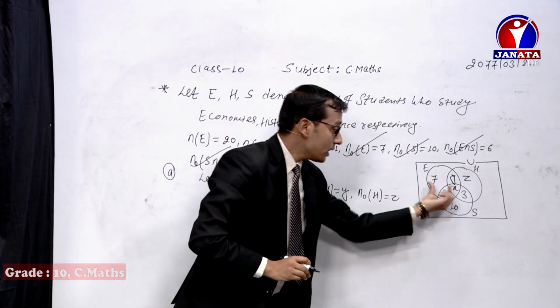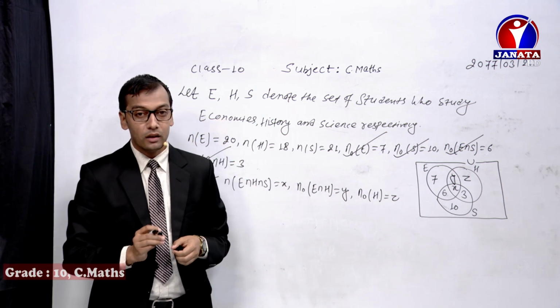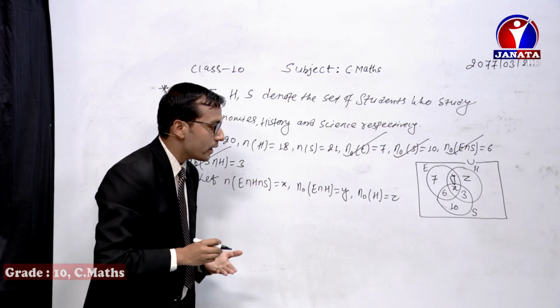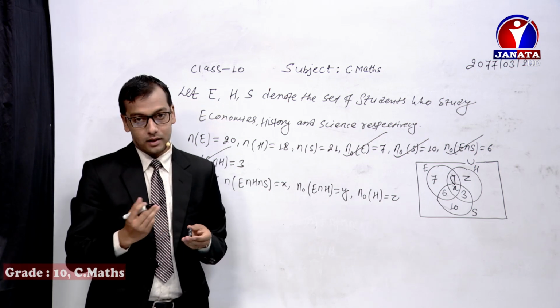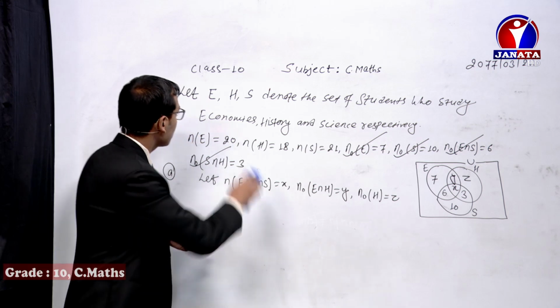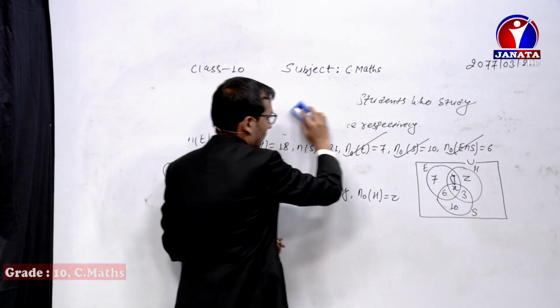Now with the help of this diagram, we can find the values of the unknowns X, Y and Z. After finding X, Y and Z, we can calculate whatever the question asks. So let me erase and write on the top.